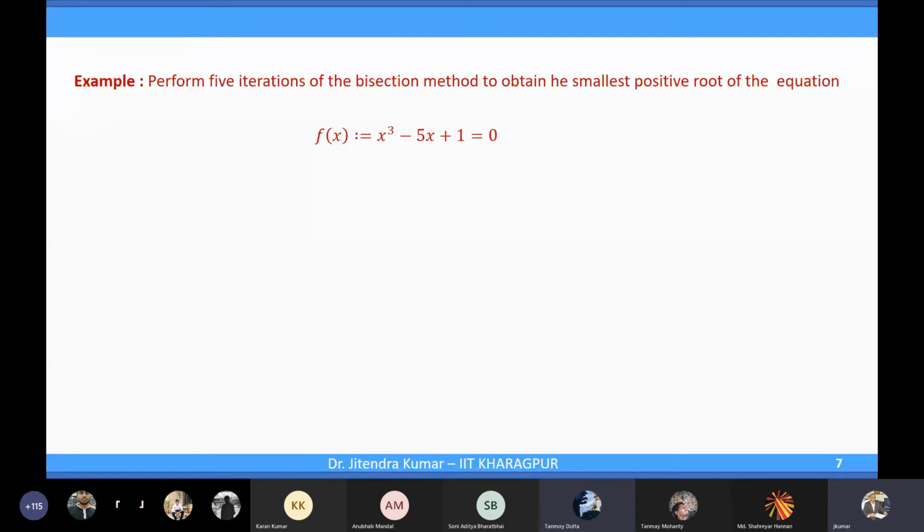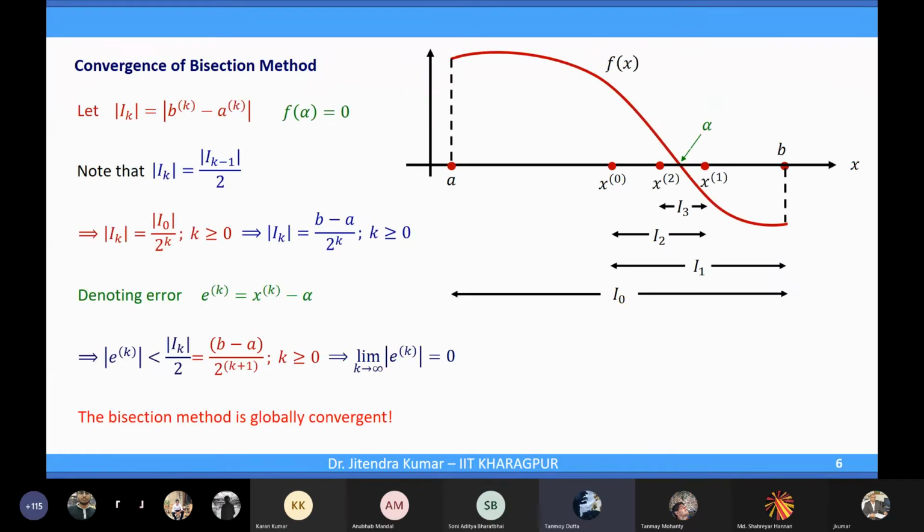But here the condition that f(A) times f(B) is less than 0 has to be fulfilled. So, what if the graph just touches the x-axis and goes up? In that case, f(A) times f(B) will never be less than 0. Yes, but you will start only when f(A) into f(B) is less than 0.